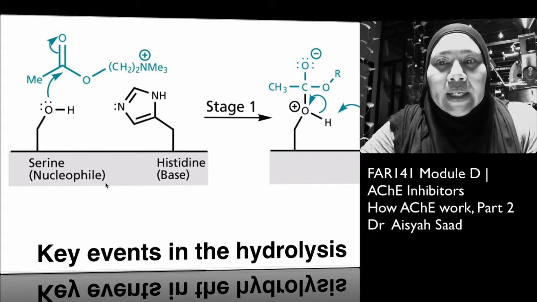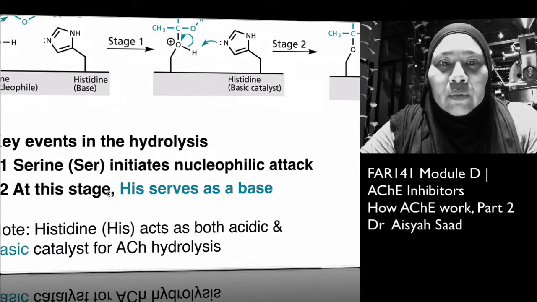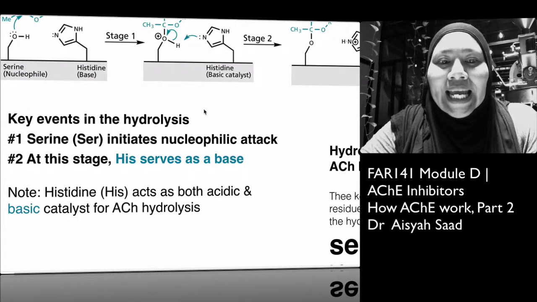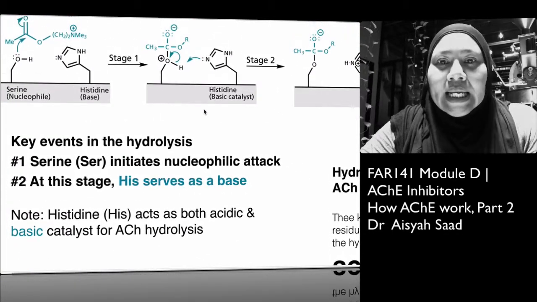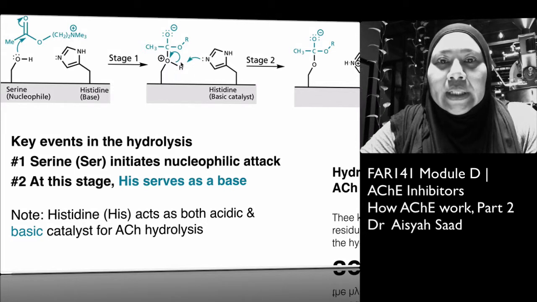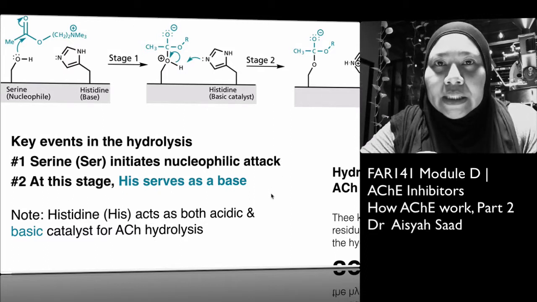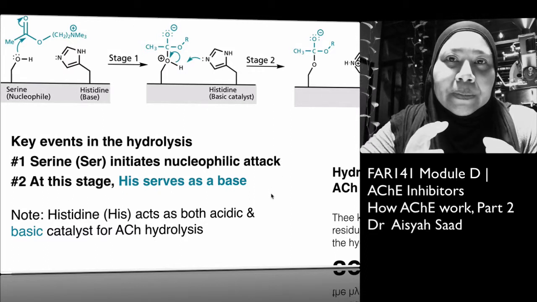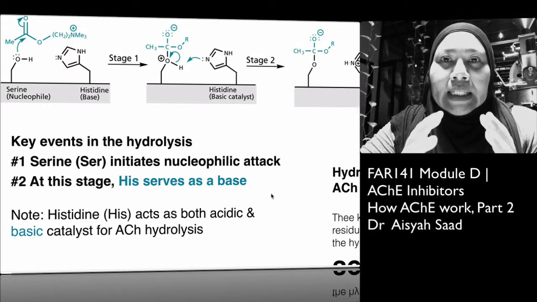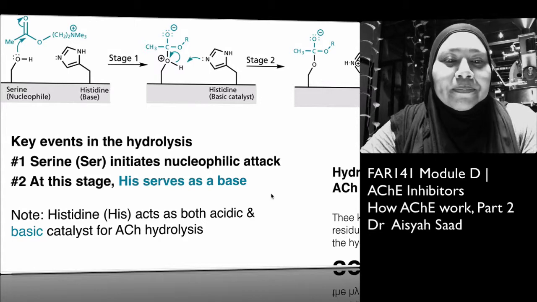What happens next is that it will start to form a bond with this intermediate, and here histidine is important because histidine will act as a basic catalyst, abstracting the proton here, leaving this intermediate. Later you see as well, histidine plays an important role because it can serve as both acidic and basic catalyst depending on the stage in the hydrolysis of acetylcholine.